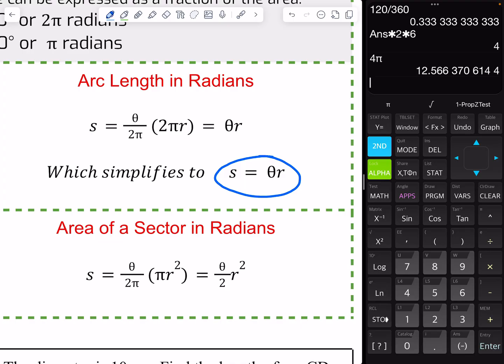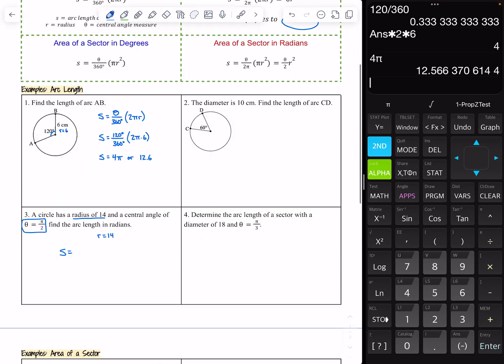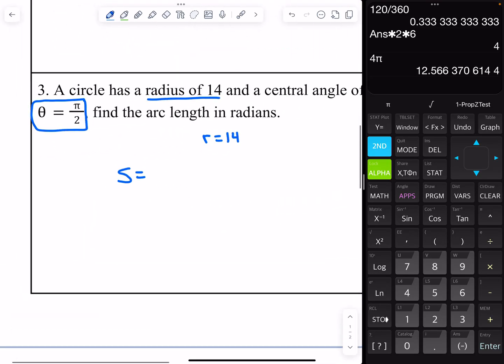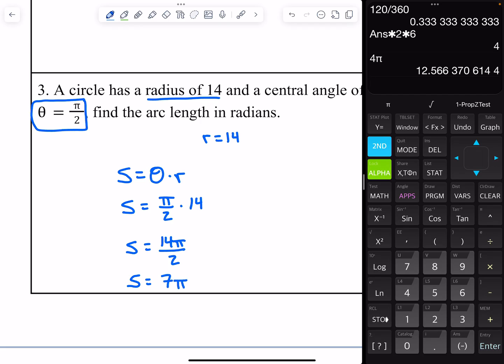So you just use S equals theta times r. So S equals pi over 2 times the radius. Then we just simplify that, and I would say that is 14 pi over 2. And then that would just be 7 pi. And then if you need a decimal, you could just get that with your calculator.